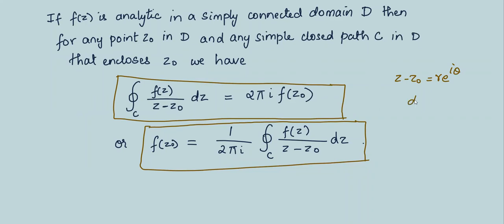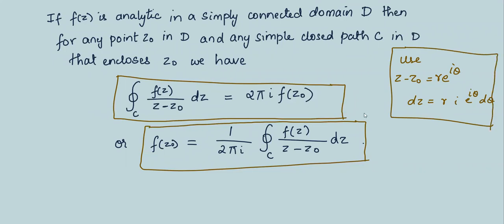Use this and then you can get dz. r is constant, of course, so dz is i into r e power i theta d theta, like this. Using this you can prove this. We'll not get into the proof of this.